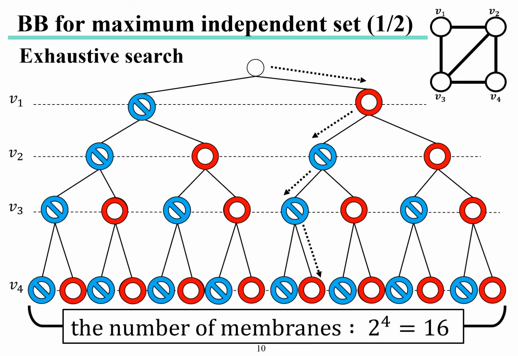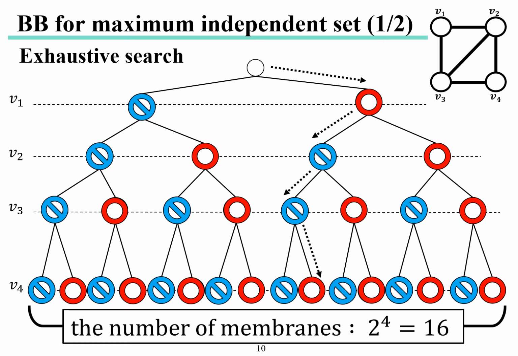Next, I'll explain decision tree for the maximum independent set with an exhaustive search and the proposed branch and bound. This figure shows a decision tree with the exhaustive search, which is a technique used in the previous P system for the maximum independent set. Each node denotes an assignment of each vertex.